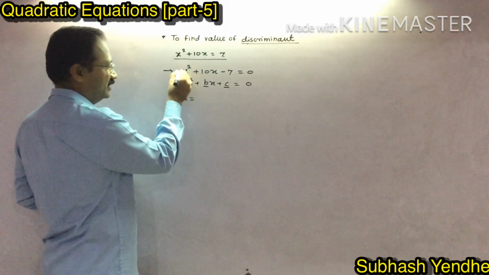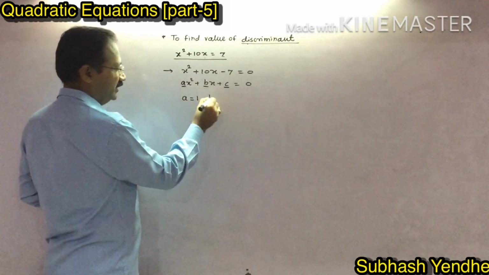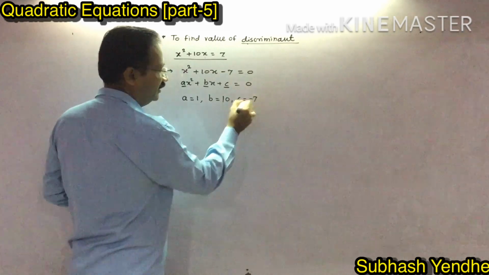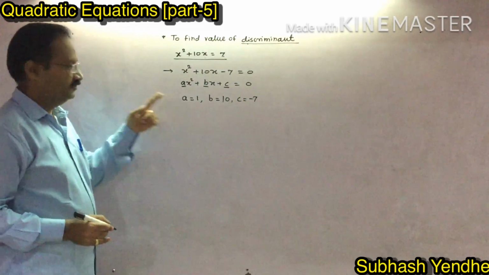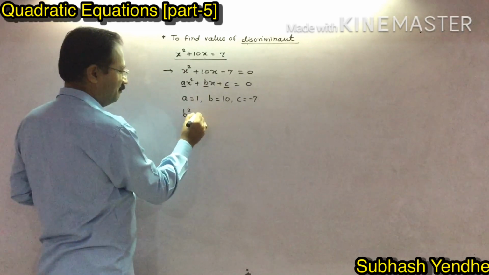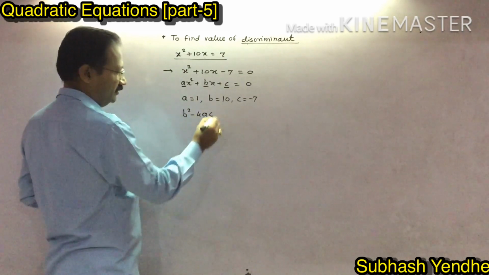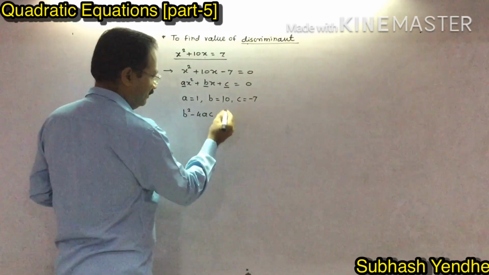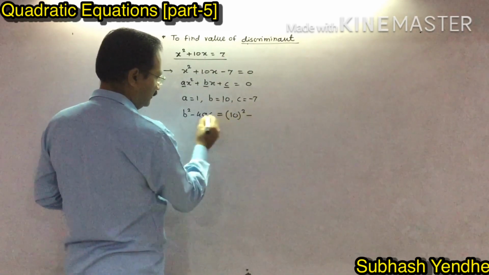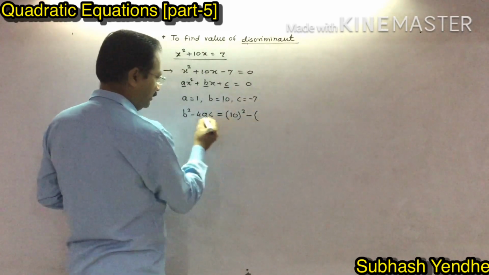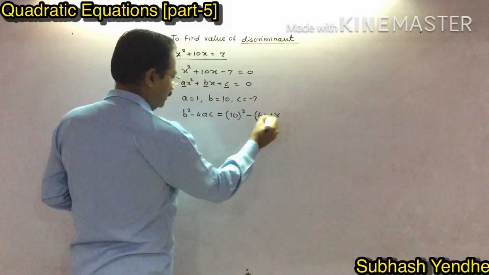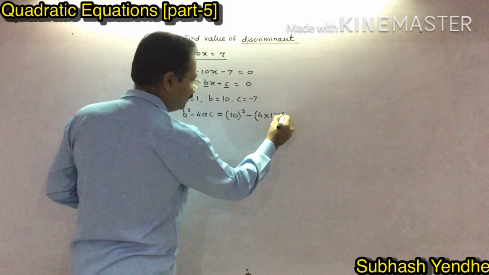Now from this one, by comparing, we can find out the values of a, b and c. A's value is, nothing is there, means 1. Then b's value is 10 and c's value is minus 7. So what is discriminant? B square minus 4ac equals to, b's value is 10 square minus, in the bracket you have to write it, 4 into a's value is 1, c's value is minus 7.